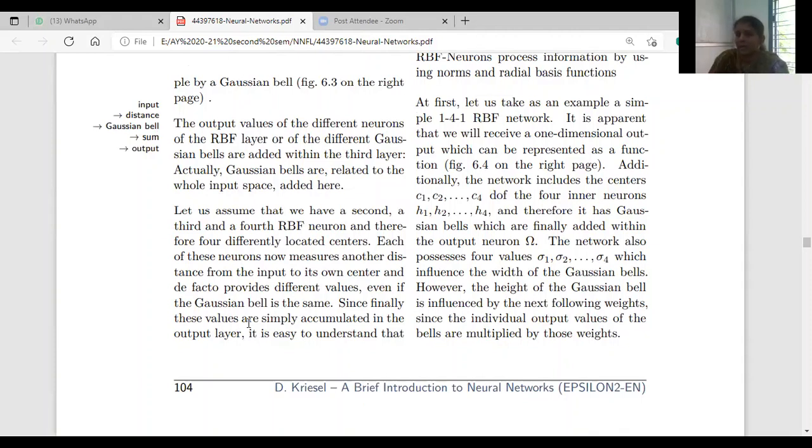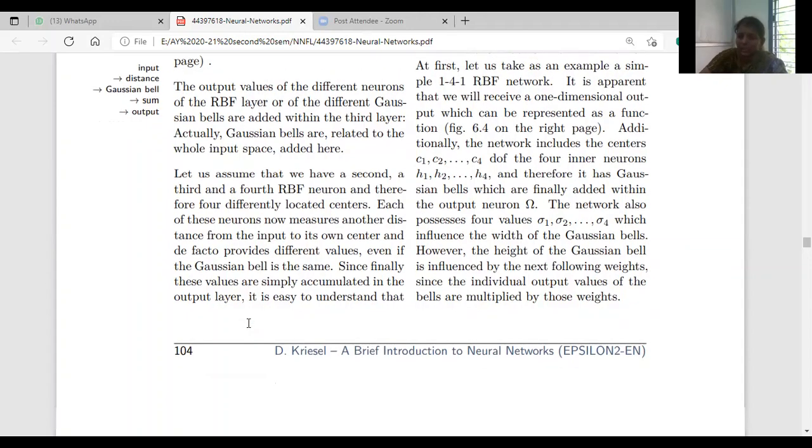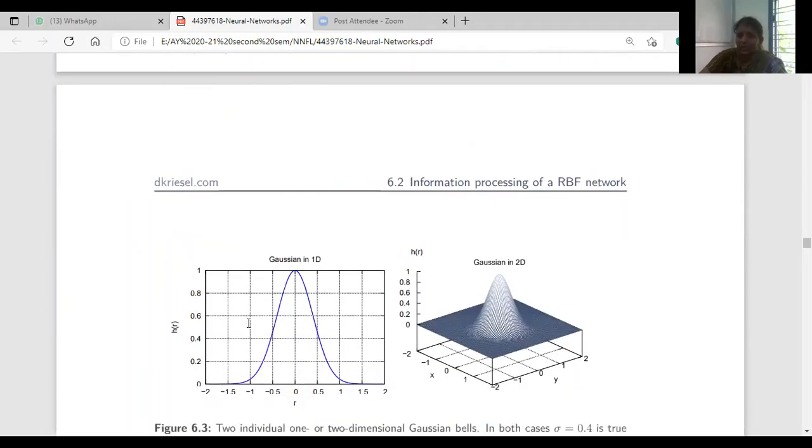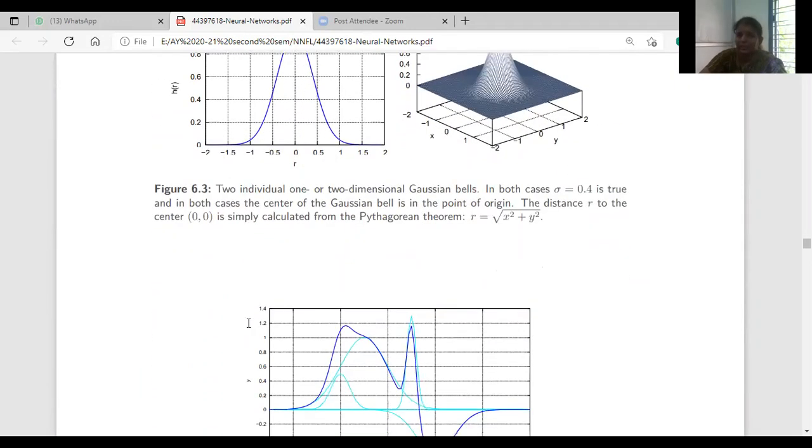So the network processes 4 values, rho 1, rho 2, rho 3, rho 4, which influence the width of your Gaussian bell. The height of your Gaussian bell is influenced by weights. Since individual output values are multiplied by those weights, you need to go for summation.